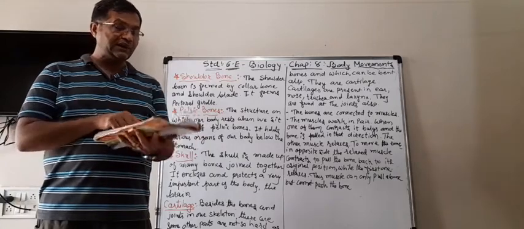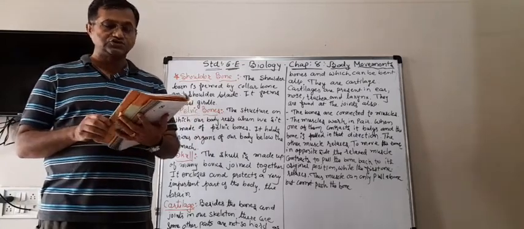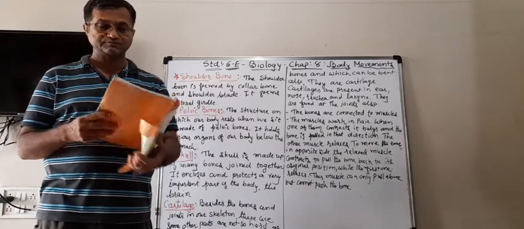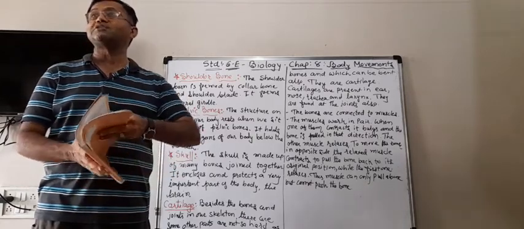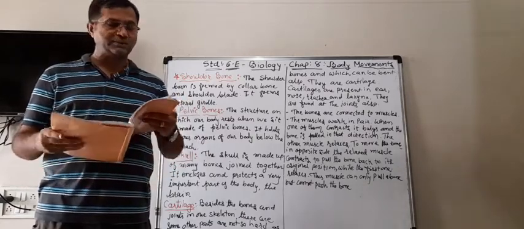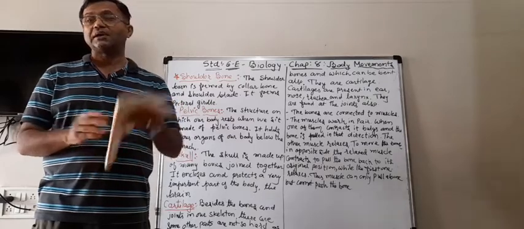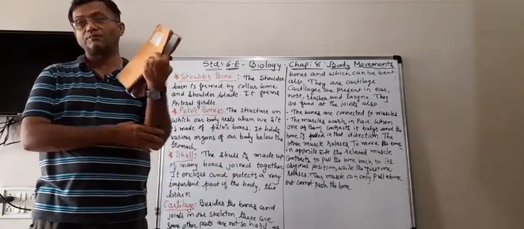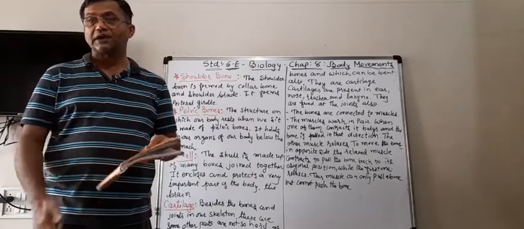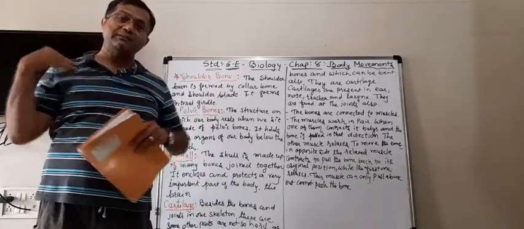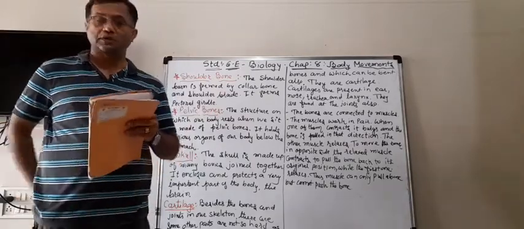Also, we learn about the different joints in our body, where two bones meet. That place is known as a joint, like at our elbow, in our fingers, at our knee, and so on.